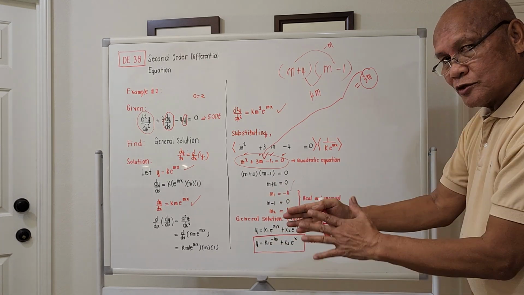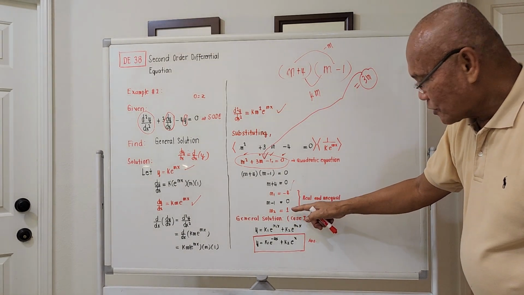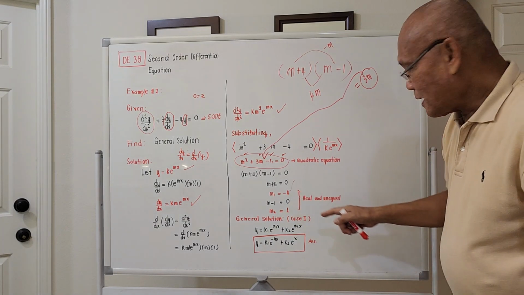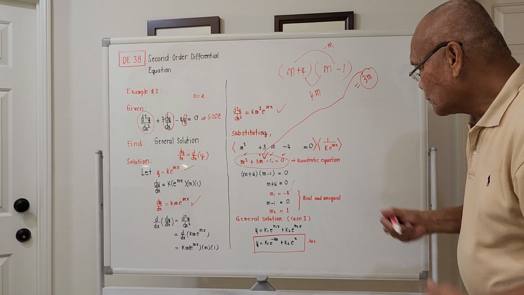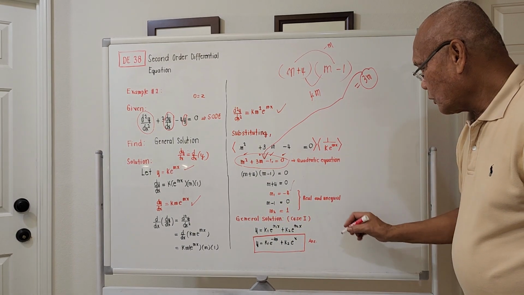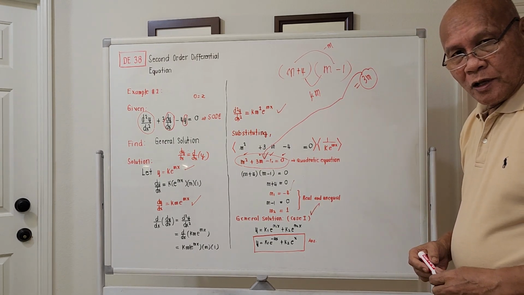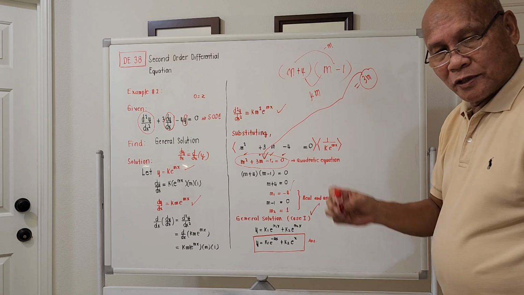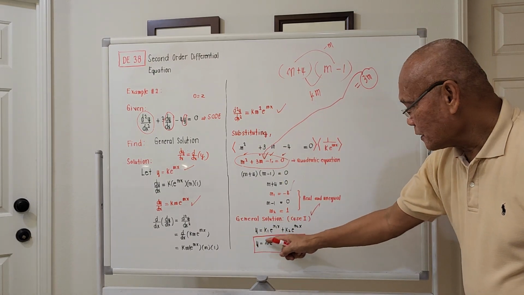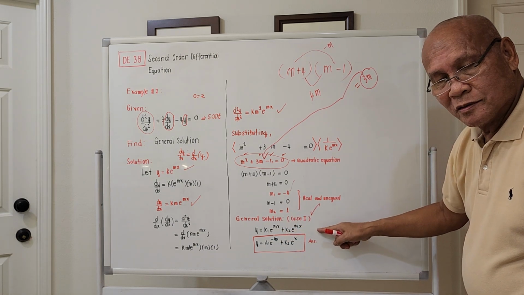If we inspect the roots, m1 is negative 4 and m2 is 1. They are both real and unequal, so they fall under the general solution for second order differential equations, case number 1. Recalling the formula, y is equal to k1 a raised to m1x plus k2 a raised to m2x.